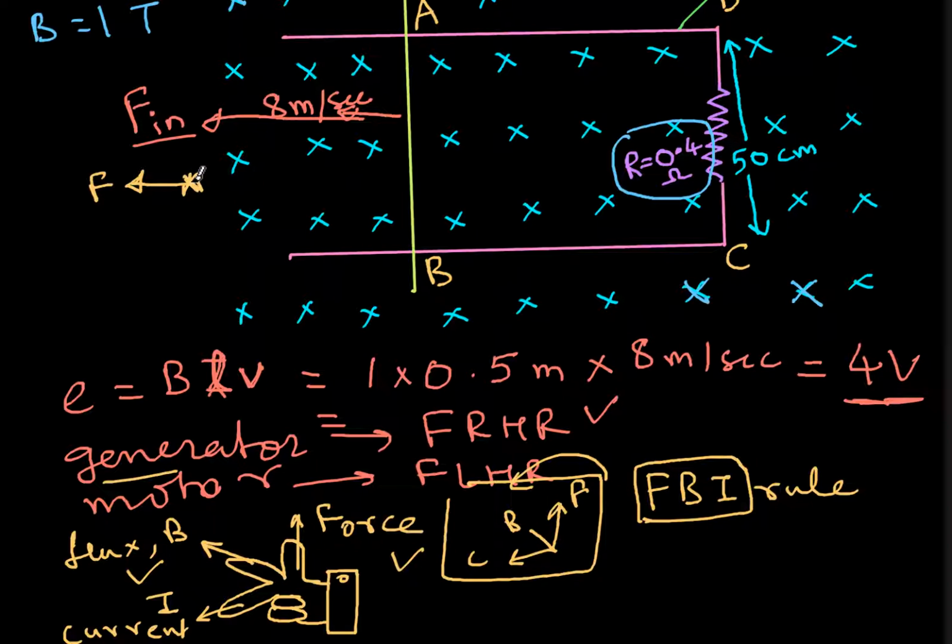As a result, because of your right hand, the current direction will be downwards. Please try with your right hand, align it like this in front of your computer screen, and you'll find that the EMF induced will produce a current moving downwards. So what is the equivalent circuit we have now?